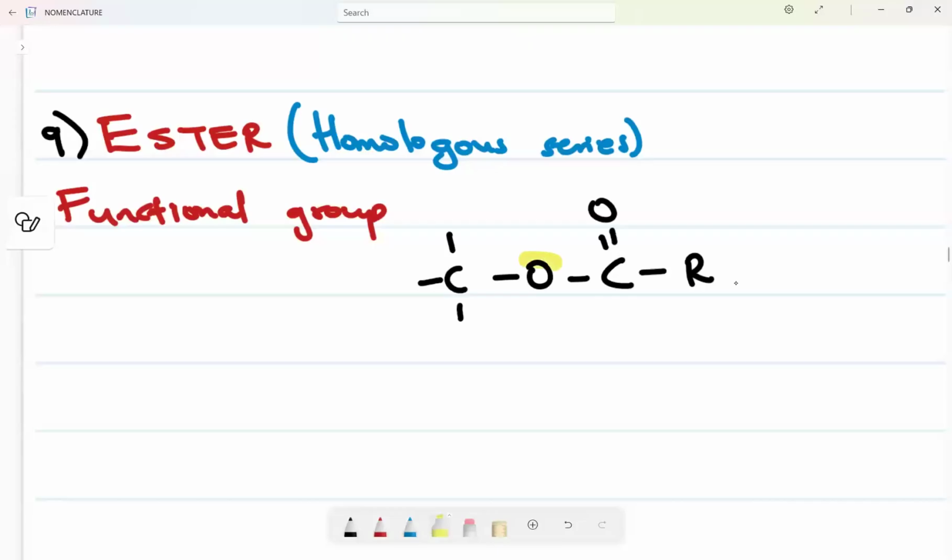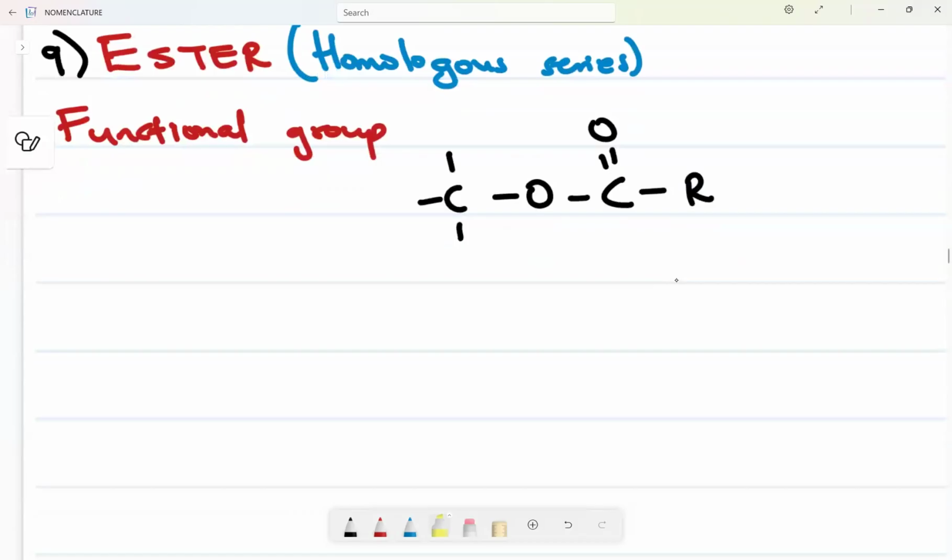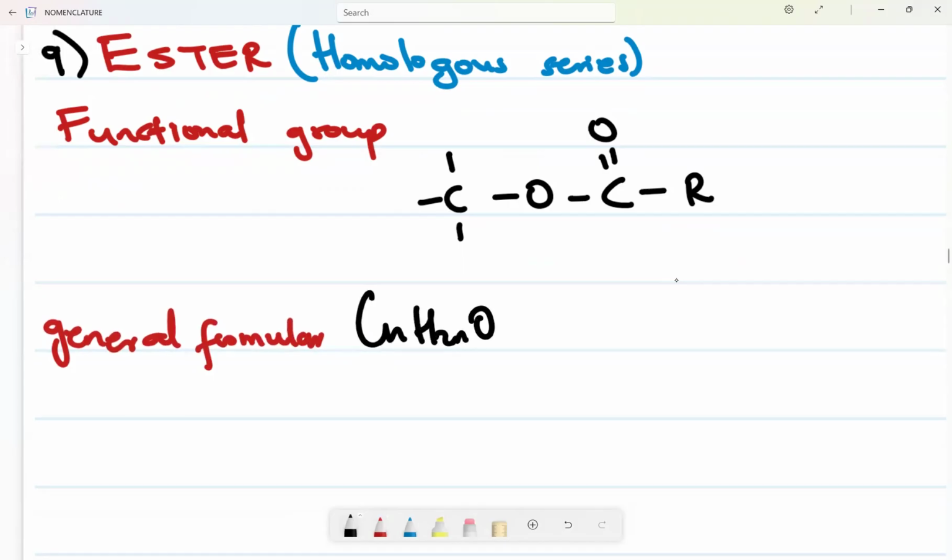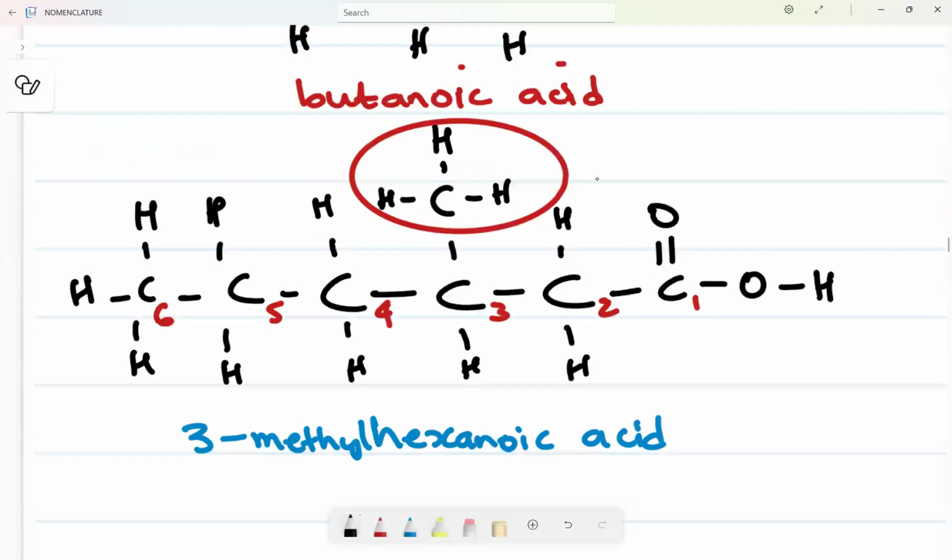So for an ester, we need an O in the middle, okay? Where R now can be a hydrogen or just CH3, okay? So now, the general formula is the same as that of the carboxylic acid. General formula, it is CnH2nO2. Let's go here and prove if this is correct.